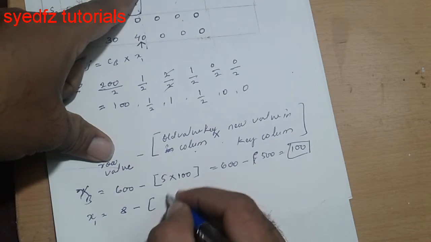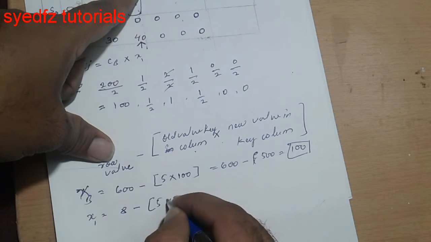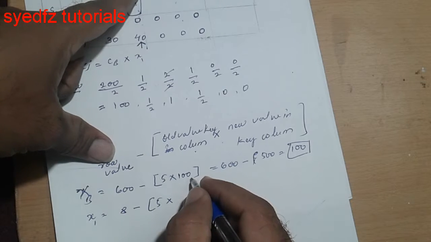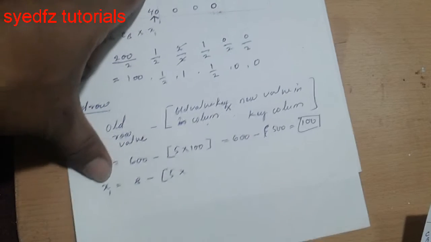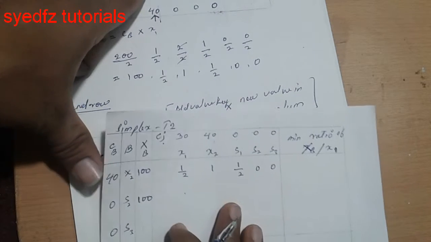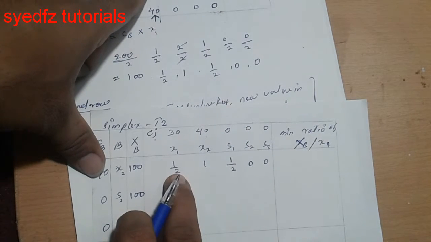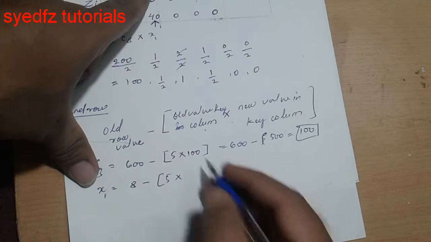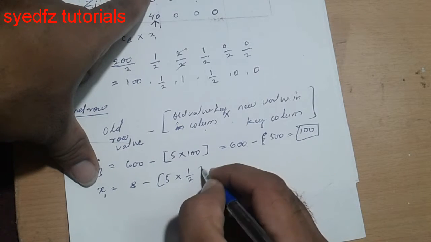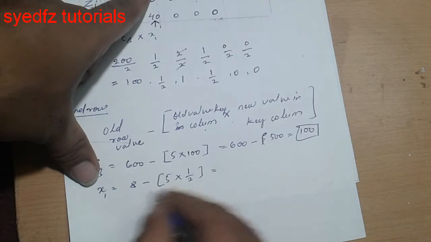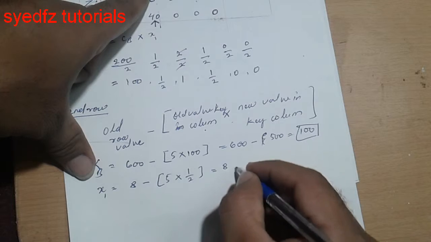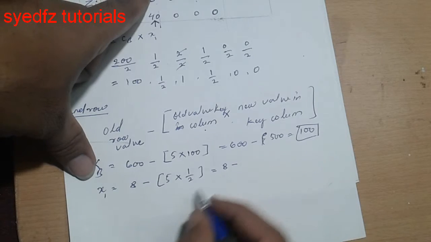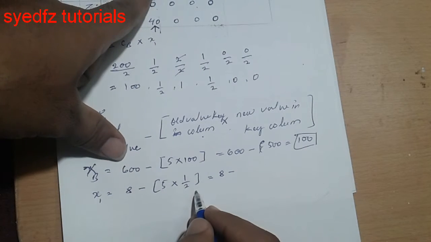Same as before, the new value will be as per the new table. What is the new in x1? New in x1 is 1 by 2. So take here 1 divided by 2. Here is the 8 minus.